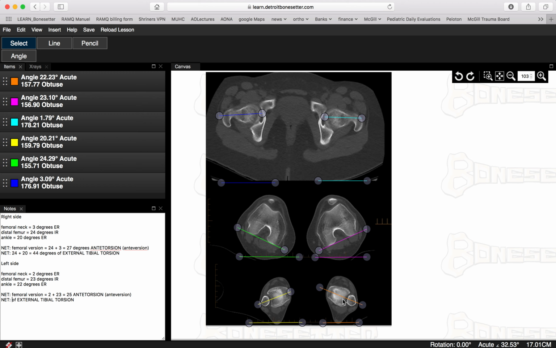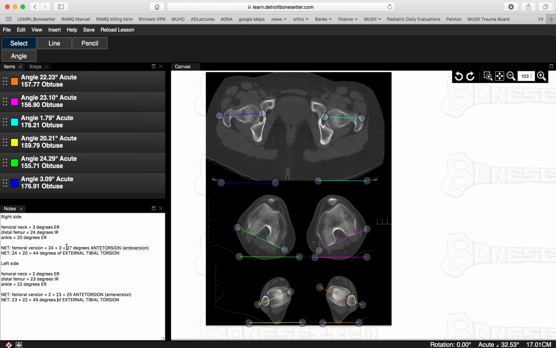This is already externally rotated 22, so it's going to be 23 plus 22. I need my calculator. 22 plus 23 is 45. Apologize, it's embarrassing. 45 degrees of external tibial torsion.